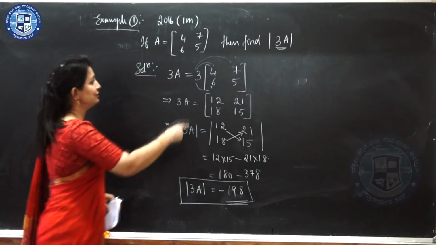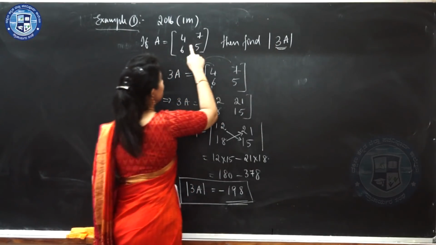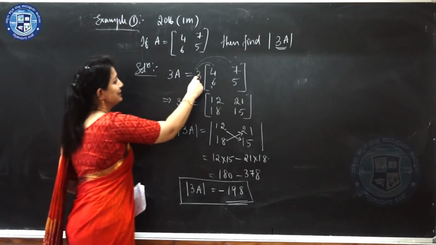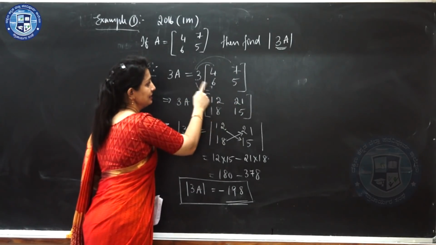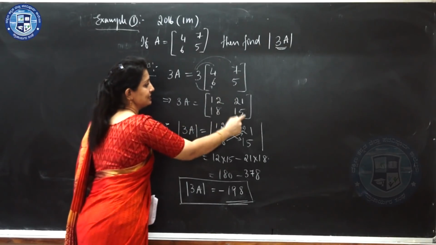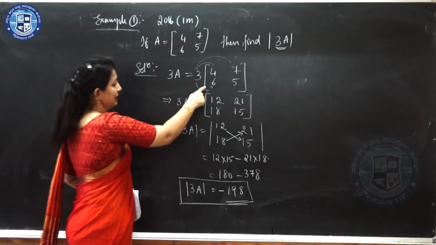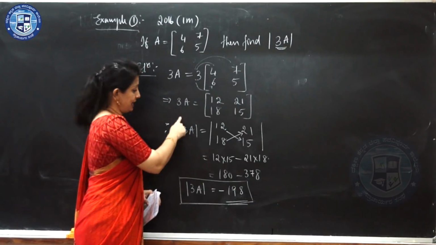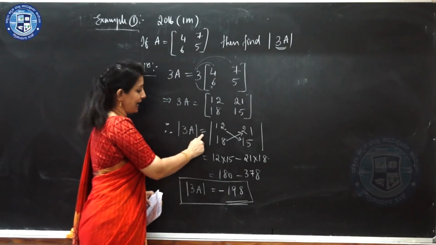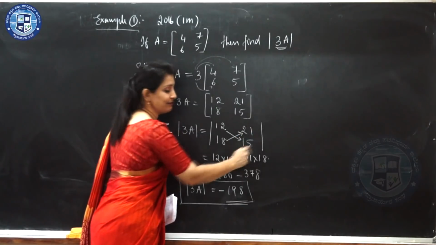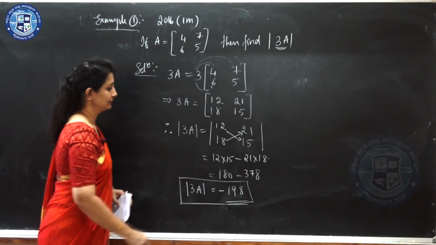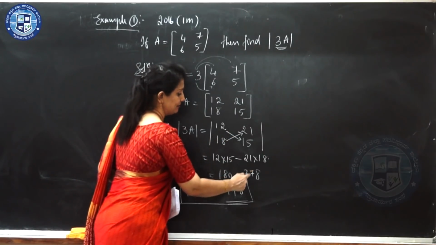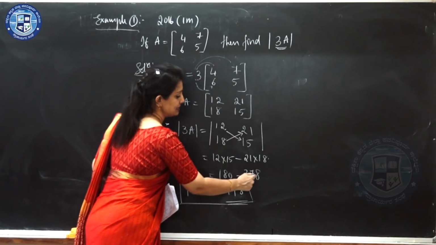Okay, so how did we find this? First 3 is multiplied to the matrix. Each element is multiplied by 3. 3 into 4, 12, 3 into 7, 21, 6 3s are 18, 5 3s are 15. Now, we want to find the determinant of 3A. Determinant of 3A is equal to, write the determinant form. 12 into 15 is 180 and 21 into 18 is 378.